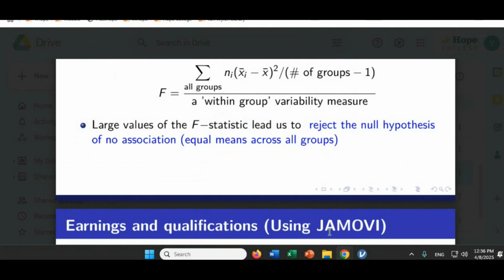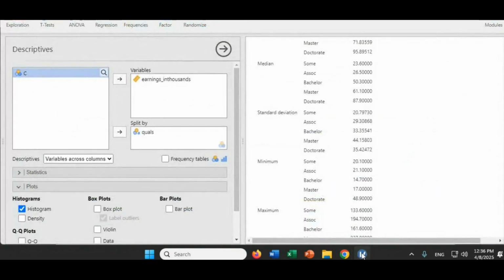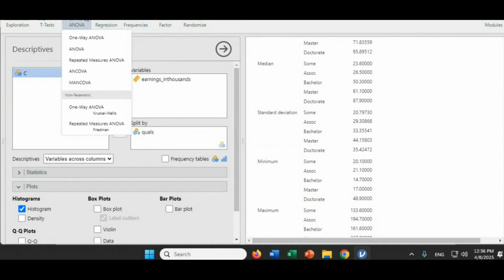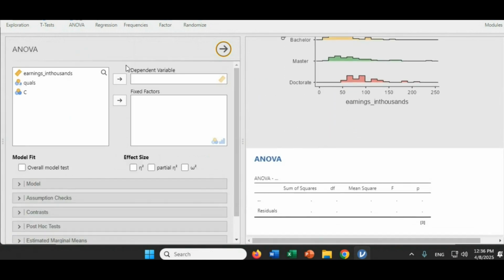I'm going to show you where this lives in Jamovi. If you want to get the ANOVA test, follow what I do. Do you see an ANOVA word here? Click it. ANOVA, ANOVA again. When you do this, a table appears.